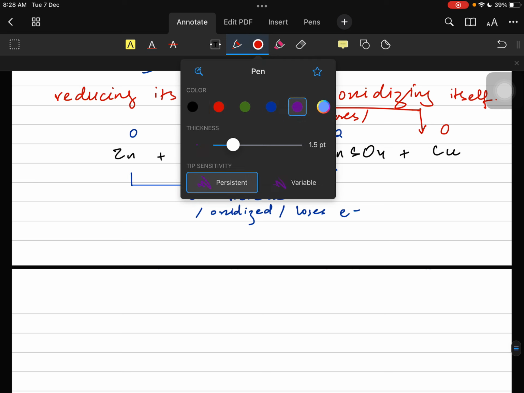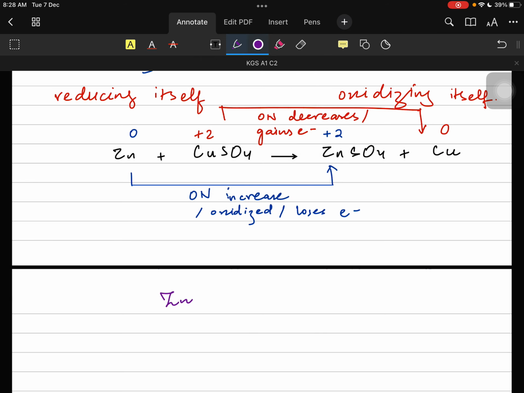Now this is very important for us to remember. If zinc is oxidized, it's actually the reason for copper to reduce. So zinc is the reducing agent, because of the zinc, other ones are getting reduced.